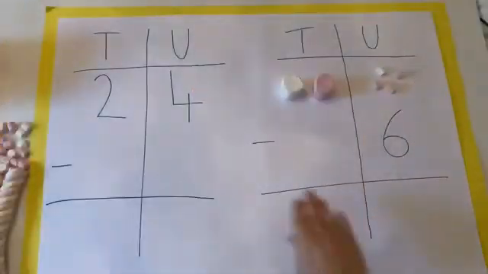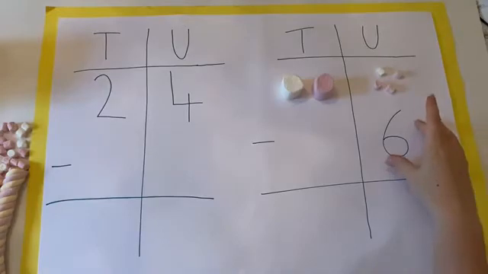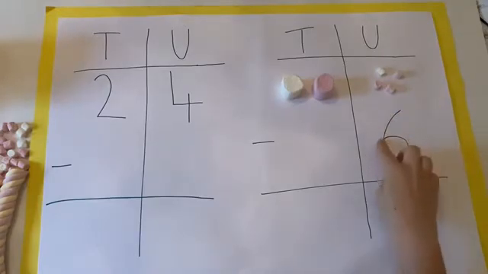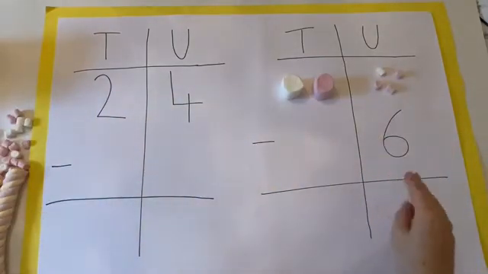So what I've done here is I've built 24 on the top, and I've just written the digit underneath that we want to subtract. If I'd put 6 units in there, then that would have seemed like we were adding.